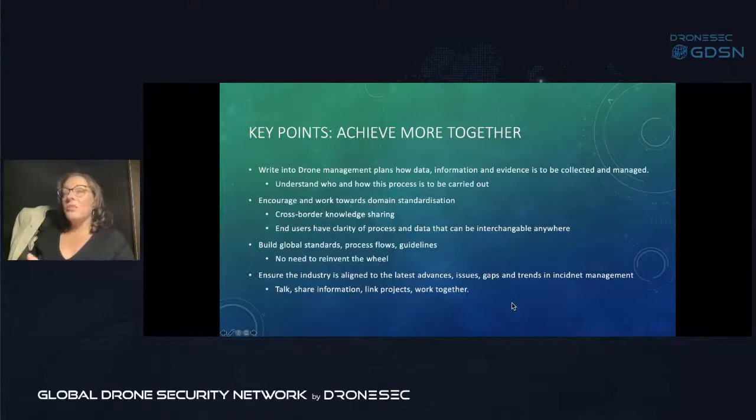We have to encourage working towards domain standardization, because this trickles down and across lots of different areas that will improve the entire process. So cross-border knowledge sharing, the clarity of the process. This clarity of process, cross-border sharing, allows us to build global standards and guidelines. You don't need to reinvent the wheel.